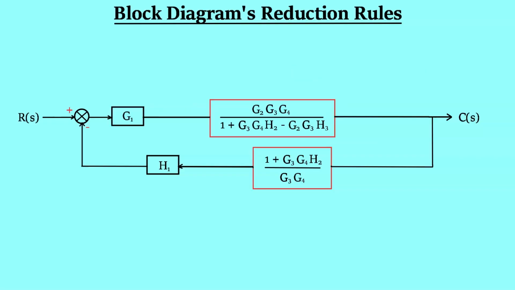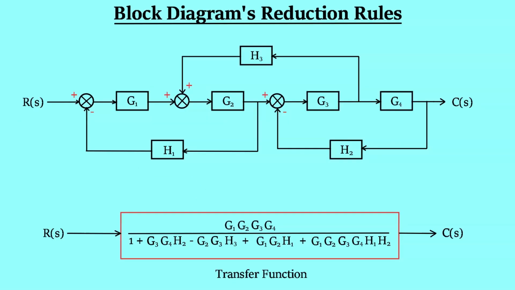This also can be solved easily. After solving that, we will have this block diagram where we have two sets of blocks which are in cascade and a negative feedback loop. We know the blocks which are in cascade we simply multiply, and we are also aware of how to solve a negative feedback loop. You will end up with this transfer function of the block diagram which we considered initially.